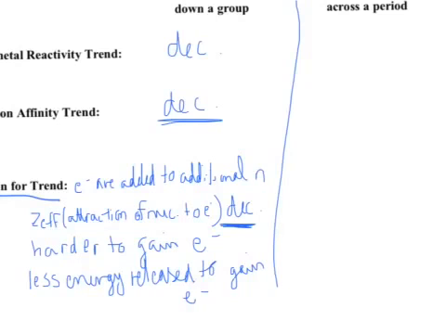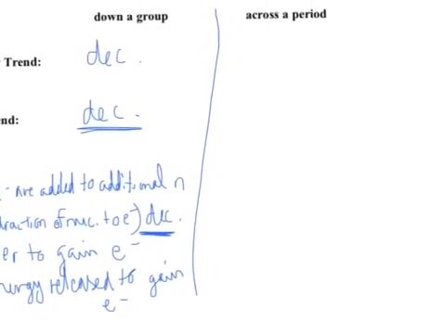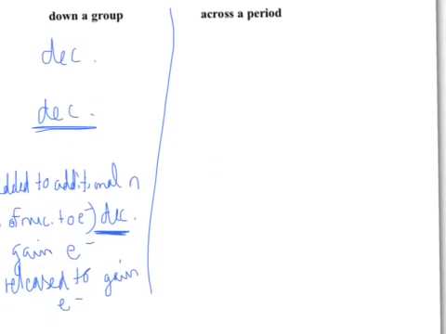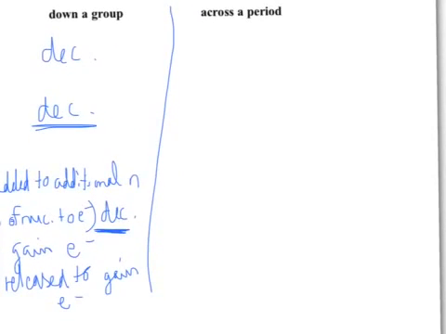Now let's look at across a period. Again, for across a period, we are going to start by talking about where the electrons are being added. So electrons are added to the same energy level.